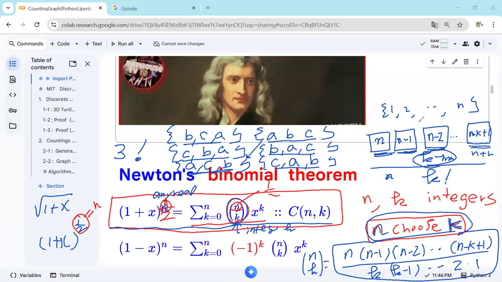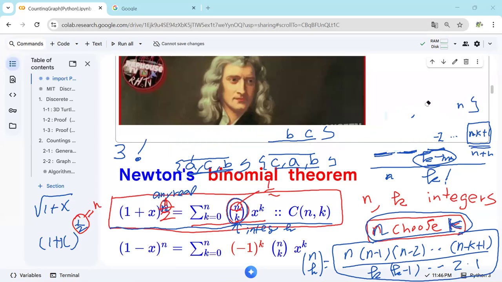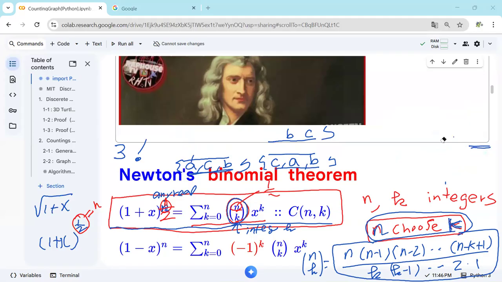Now we have this kind of problem. Here n is 1 over 2, so what is 1 over 2 choose k, for example with k being 0, 1, 2, 3, 4?